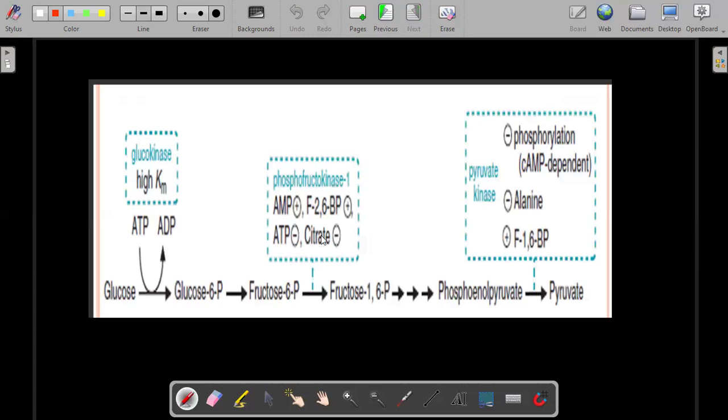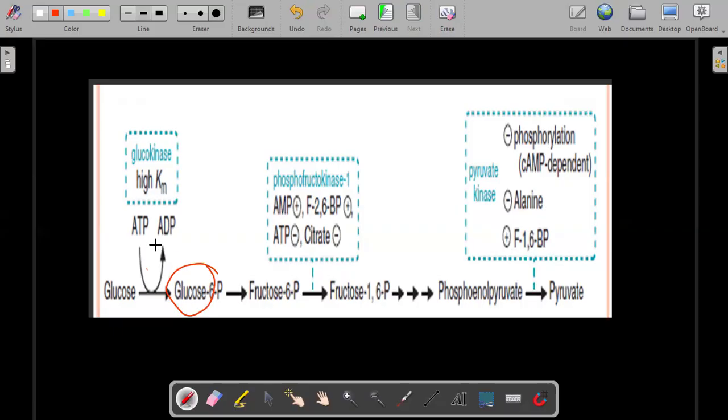So this is a summary of the entire regulations. In terms of the enzymes, here we have hexokinase, which has a high Km. It can be inhibited by the product itself, glucose 6-phosphate. Then glucokinase can be activated by insulin.